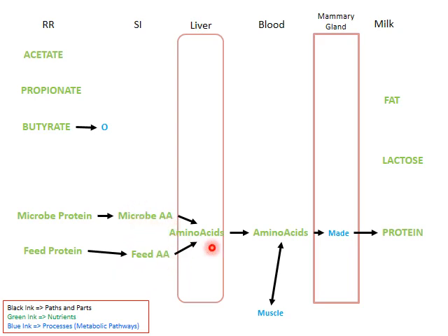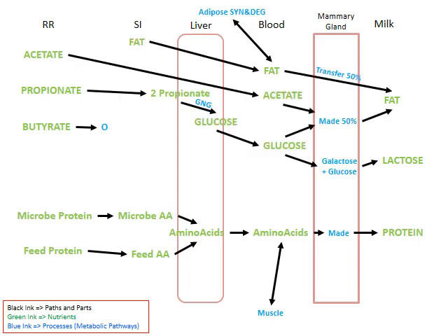They're going into the one pool of amino acids, and those amino acids sorted, distributed, changed, altered, whatever, at the liver, become part of the blood pool, and microbial, feed, and muscle amino acids contribute to the mammary gland, where they're formed into milk proteins.